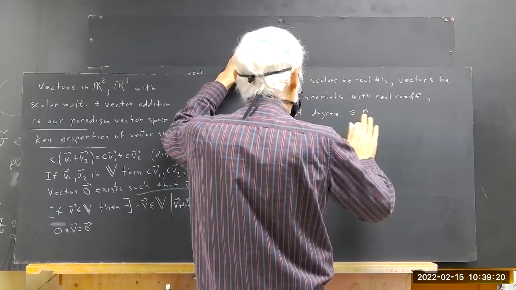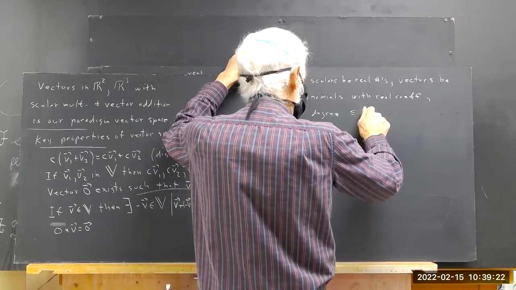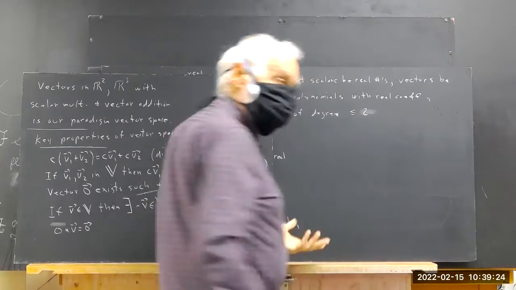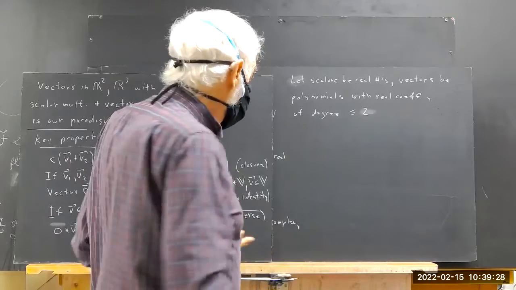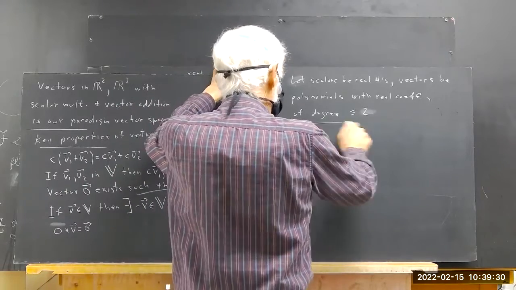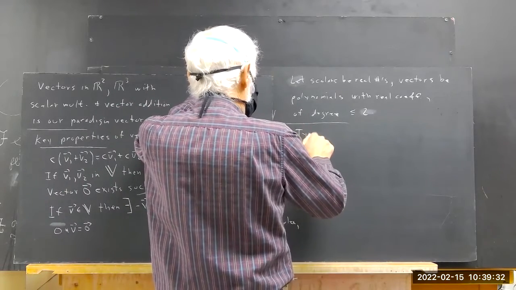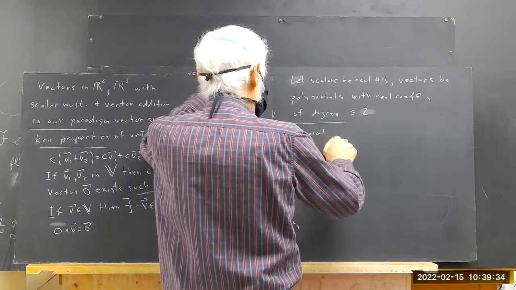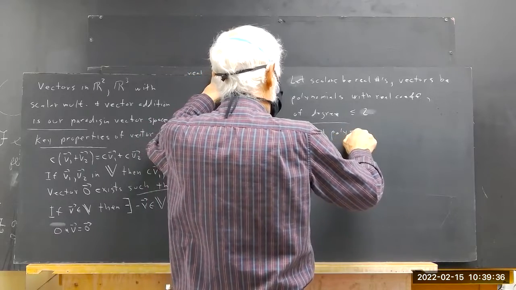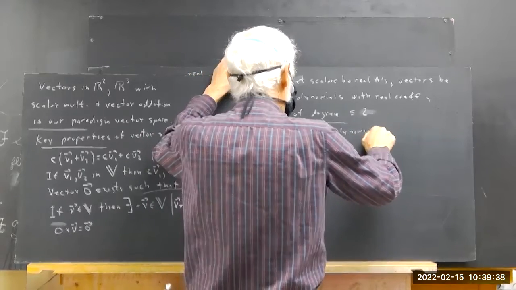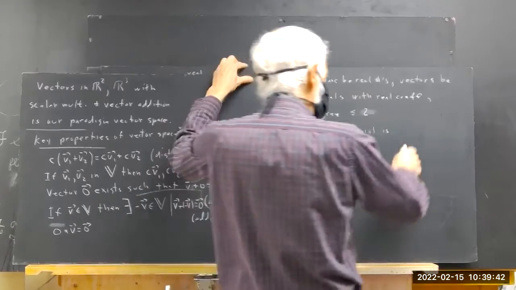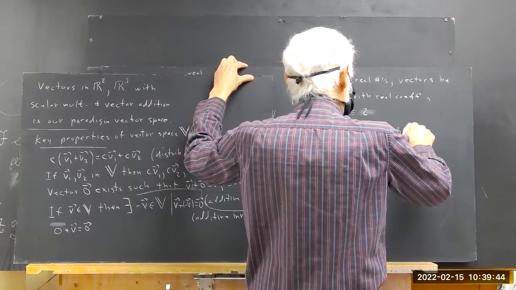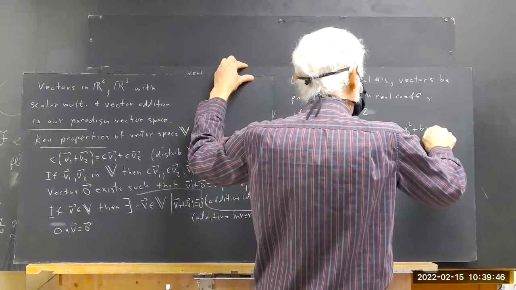And in this case, let's say a degree less than or equal to 2 because it's easy. So the typical polynomial would be ax squared plus bx plus c.